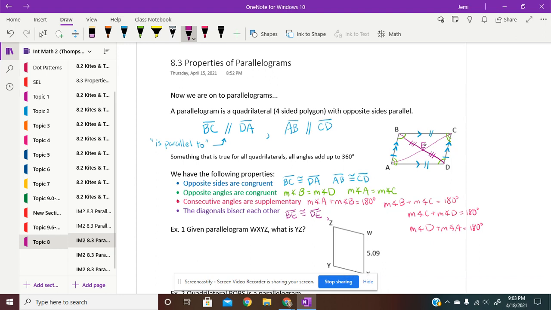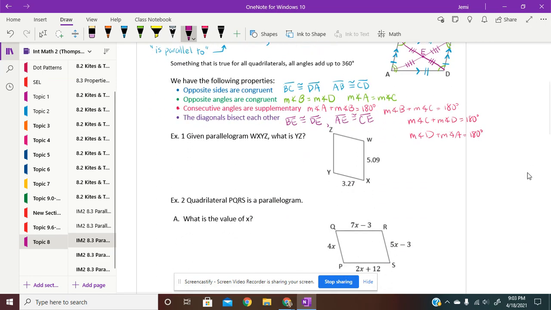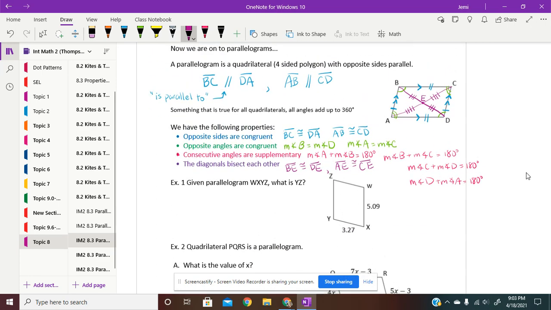And they each bisect the other, so for the other diagonal, you'll also have two congruent halves. So AE would be congruent to CE. That's like the majority of the information. The rest of these notes really just uses that information.